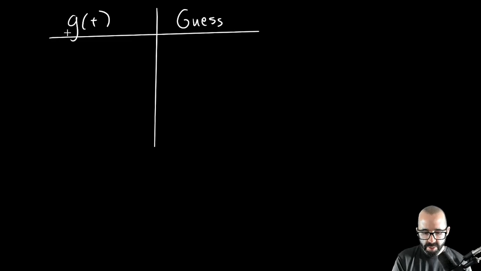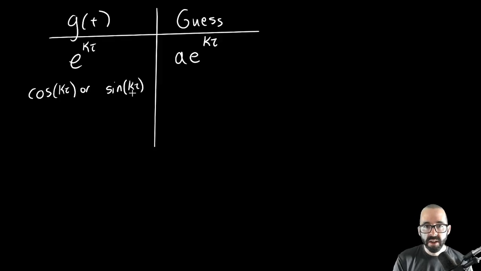If g of t is an exponential, maybe e to the kt, we're just going to guess A times e to the kt. If the right-hand side is a cosine function, maybe cosine of kt, or sine of kt, or any combination of them, we're going to have to guess both.